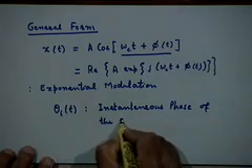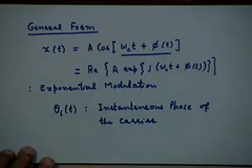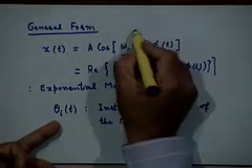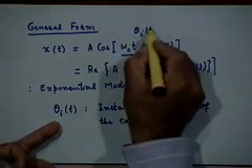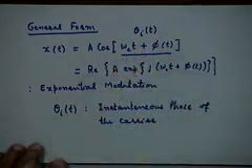Is that okay? Now how is instantaneous frequency related to instantaneous phase? Suppose at any particular time this quantity is theta i of t, right? How can I derive the instantaneous frequency from the instantaneous phase?